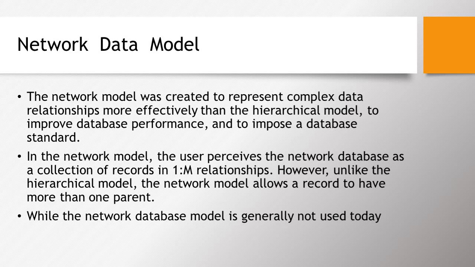So in the network model, the user perceives the network database as a collection of records. The network model allows a record in a database to have more than one parent. While the network database model is not generally used, I already told.